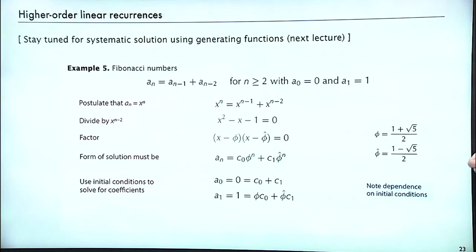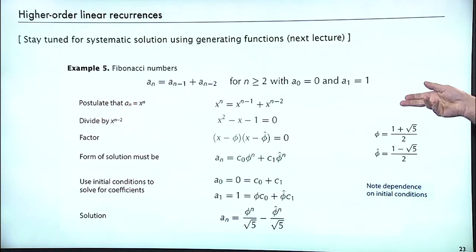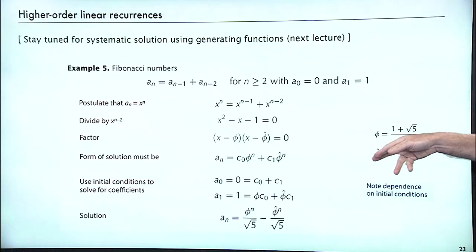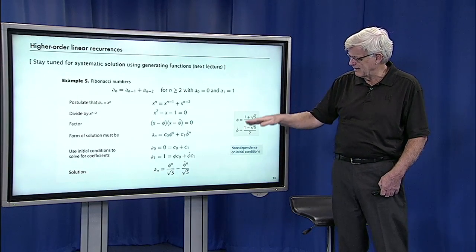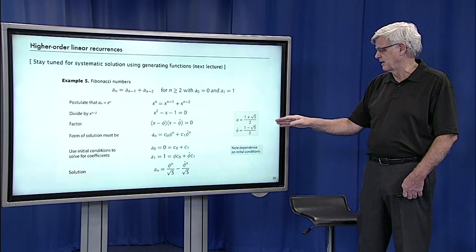Solve those two equations, and you find out that C0 is 1 over square root of 5 and C1 is minus 1 over square root of 5, and that's a solution. So that's what we're after: given the recurrence, we have a simple equation for the nth term.